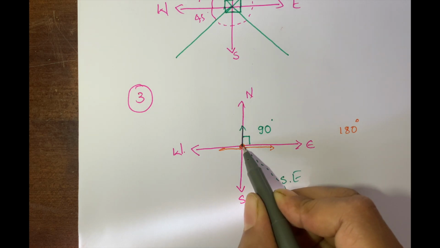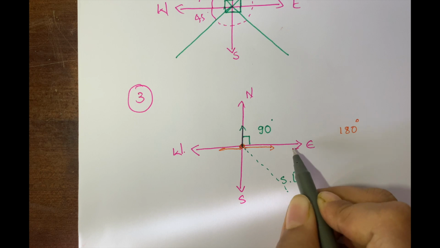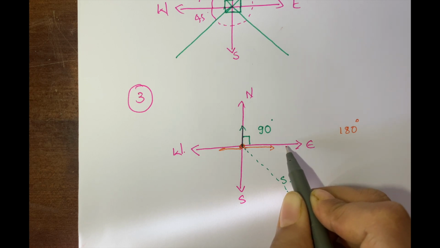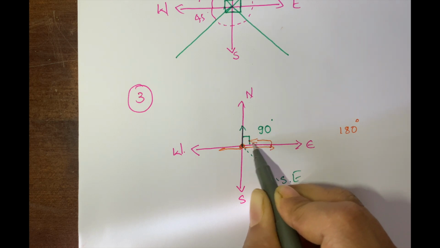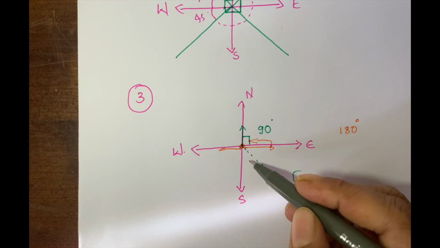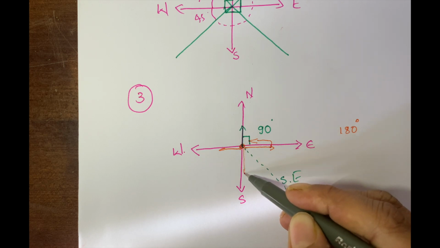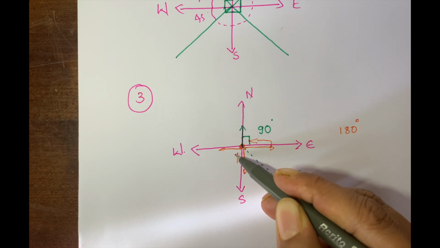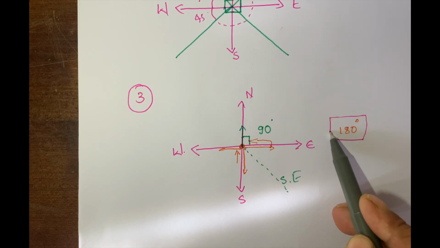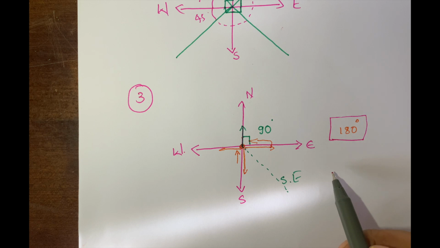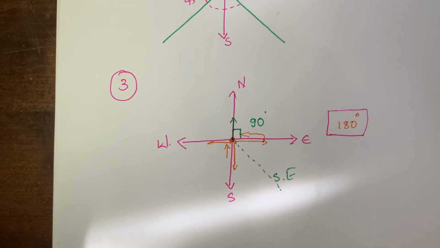If a person walking towards east takes a turn of 180 degrees, then that person will completely turn and walk towards the west. Similarly, if a person is moving towards the south and takes a 180 degree turn, then that person will be moving towards the north. So let the person be moving in any direction, if he takes a turn of 180 degrees, then he will be in the opposite direction of the given one.